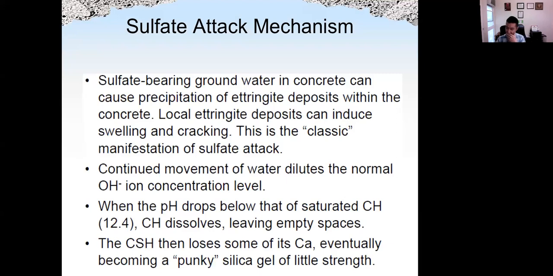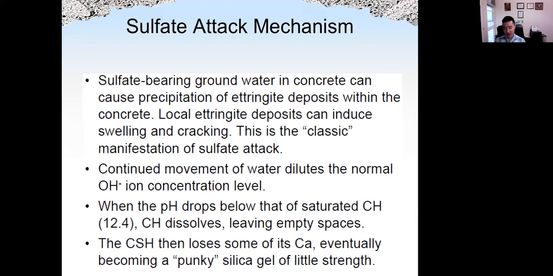When the pH level drops below a certain value, which is 12.4, the saturation of calcium hydroxide, the calcium hydroxide will dissolve and leave the concrete. So it will leave empty space, the pores will be empty. That's another effect of sulfate attack.